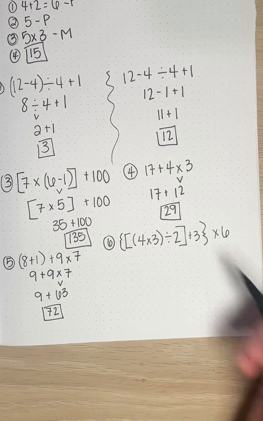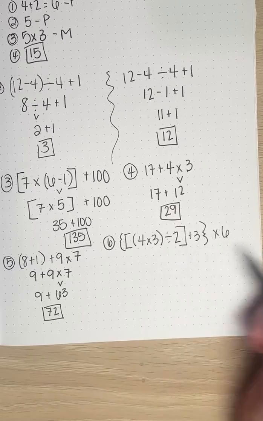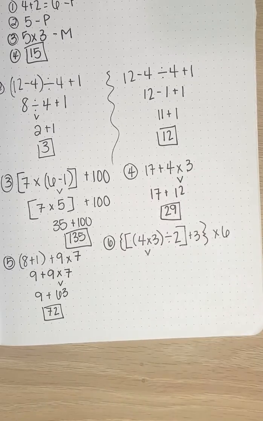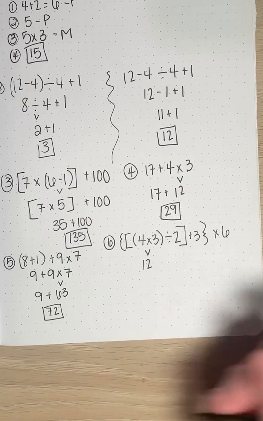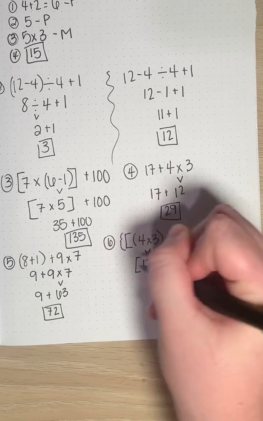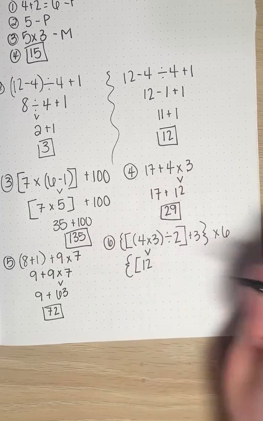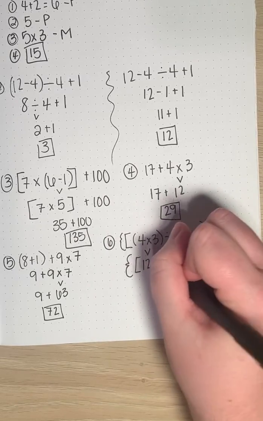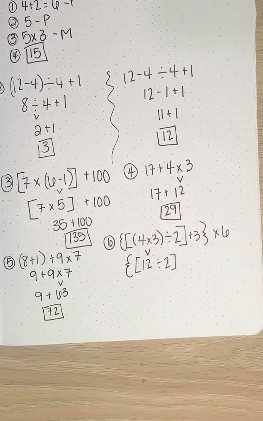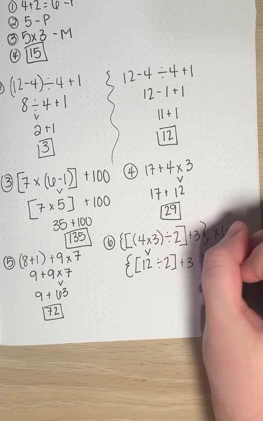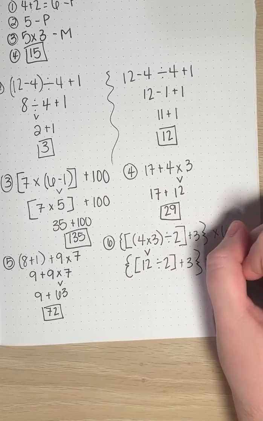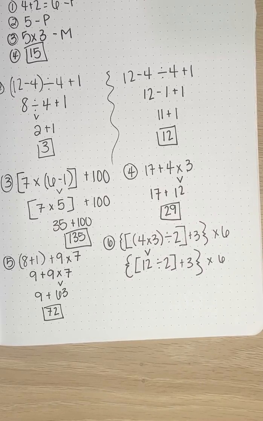The first thing we're going to do is what is inside my parentheses. So I have 4 times 3, which gives me 12. So I can drop my parentheses, but I'm going to bring everything else down. My braces, divided by 2, in brackets, plus 3, times 6. Okay.